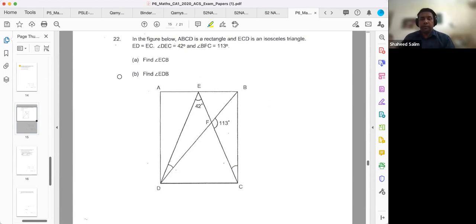Calculator, no problem. You know how to do?